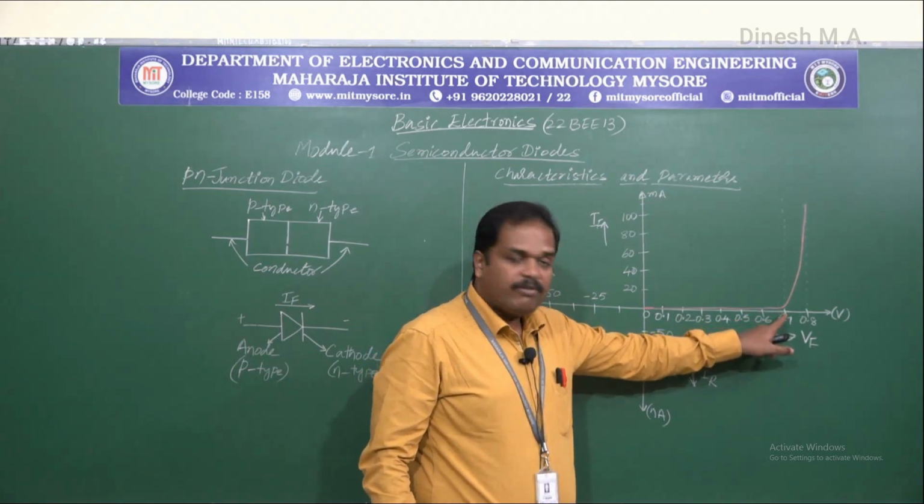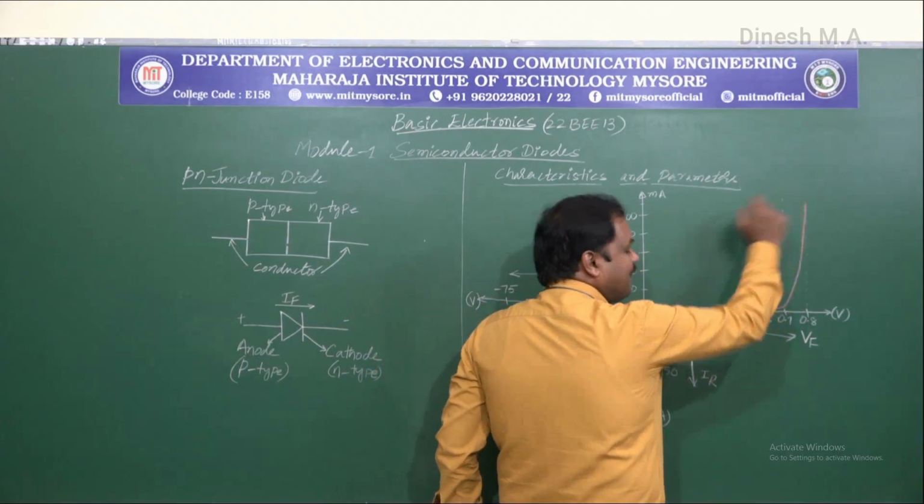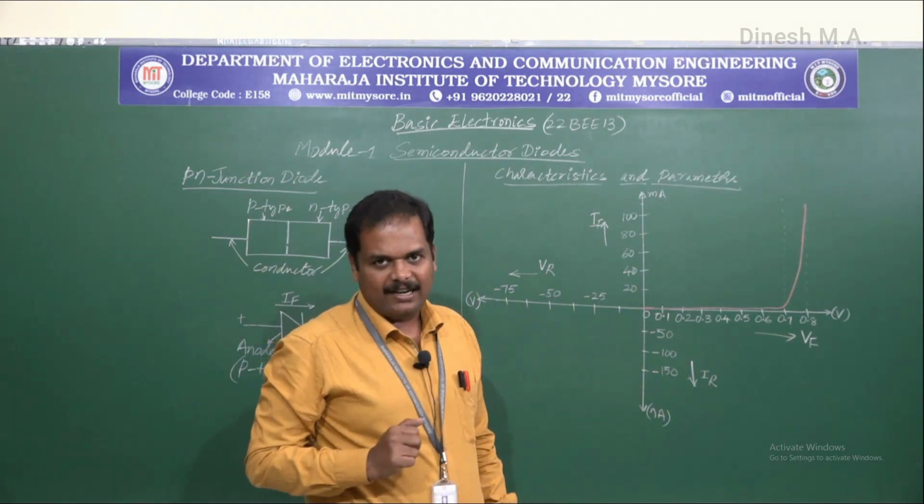Once we cross 0.7 volts of forward voltage, the current through the diode will increase almost linearly.